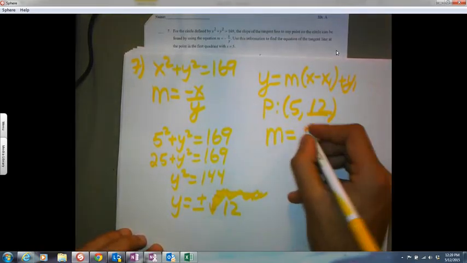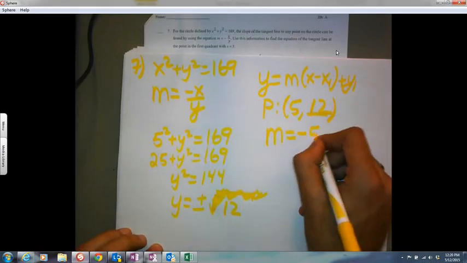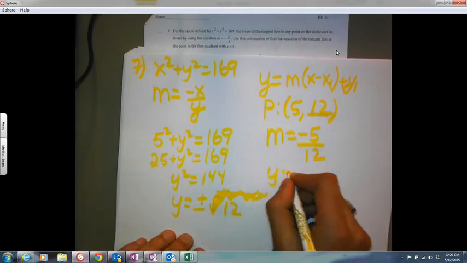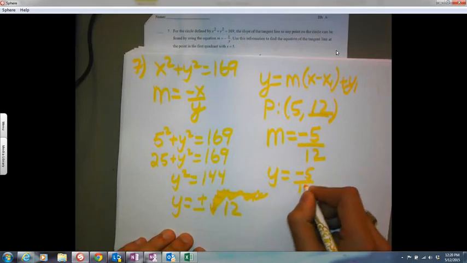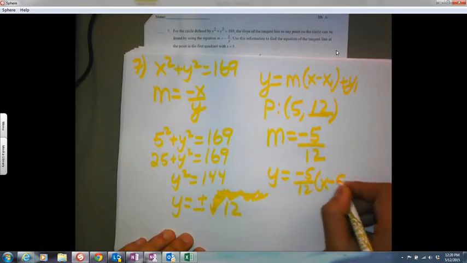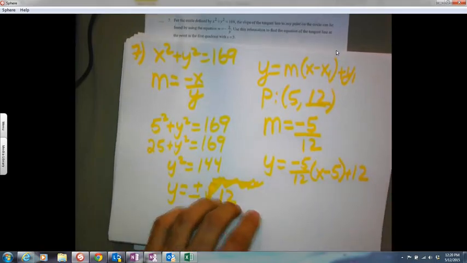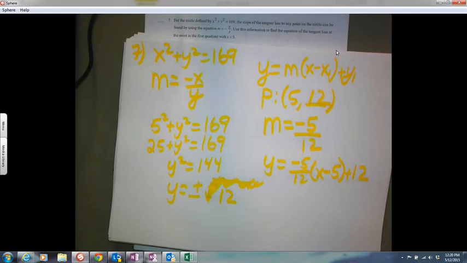Negative x is 5, y is 12. Now write the equation. Questions up to there? Unfortunately, this is not one of the answers. We need to simplify.